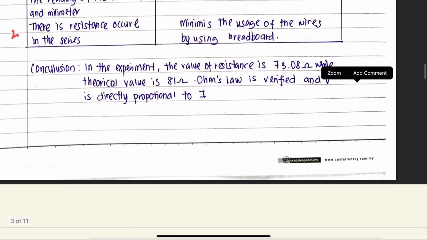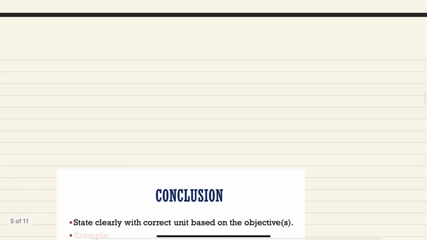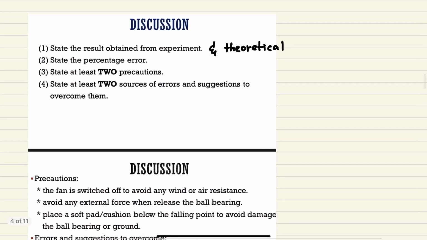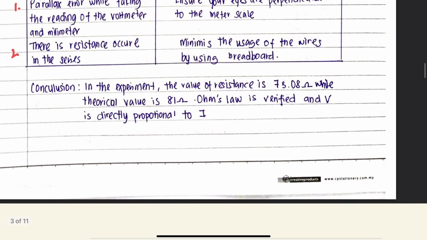Okay, and then the last part is about the conclusion. So you have to state clearly with correct unit, based on the objective, the final value of the experiment that the objective wants you to find. So in this experiment the value of resistance is 73.08. This is actually the only value that they want to check, 73.08.